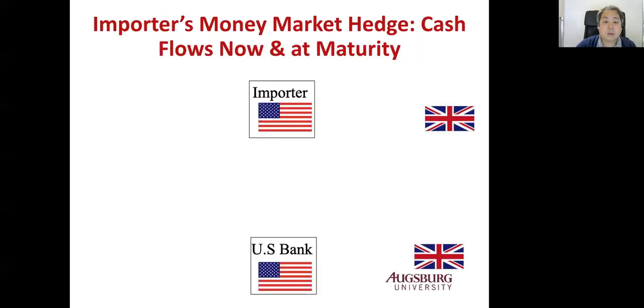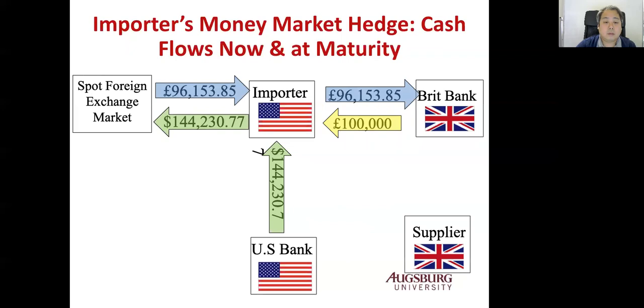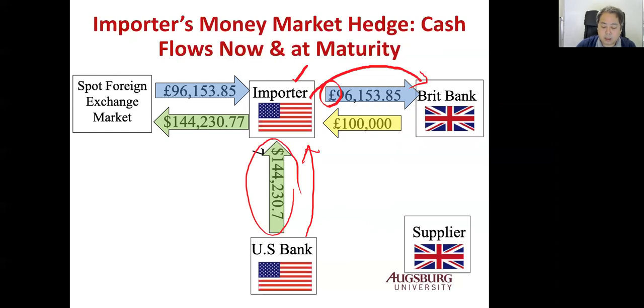Let's look at this table. First of all, as the importer, you borrow $144,230.77 from the United States bank and change it to British pounds at the spot rate. Then you invest for 1 year at 4% in Britain, and you receive 100,000 pounds.